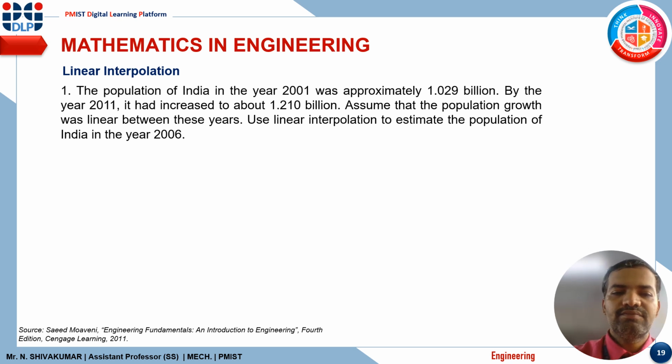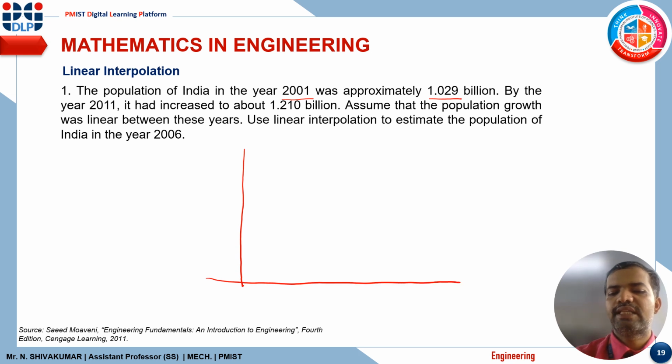So what is given? The population of India in the year 2001 was 1.029 billion. There is an x-axis, which is year, and this is population.